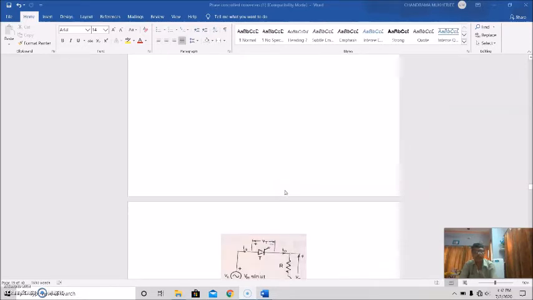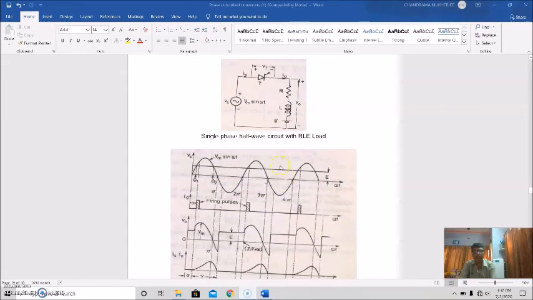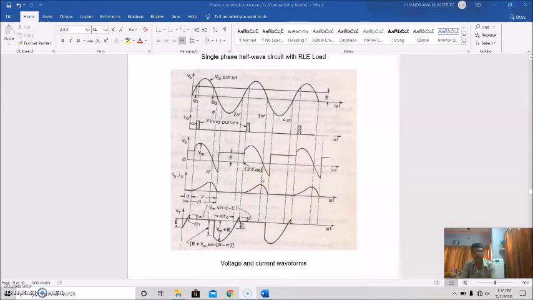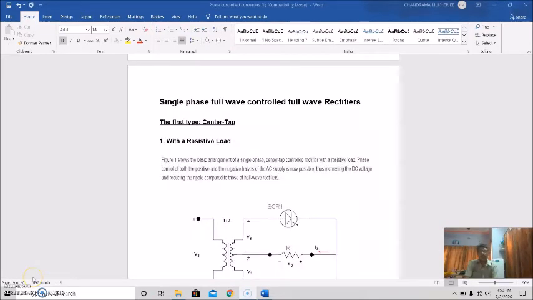So with this, we have discussed all about the different waveforms, and that's all about RLE load connect. So far we have discussed the single phase half wave converters, or single phase half wave controlled rectifiers.